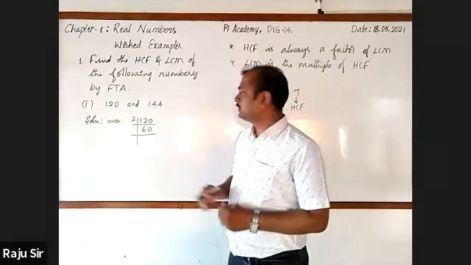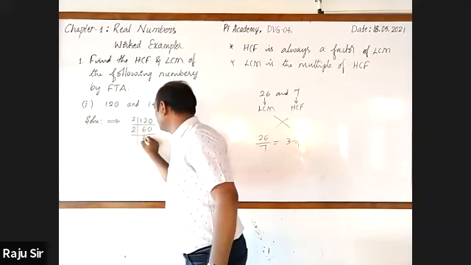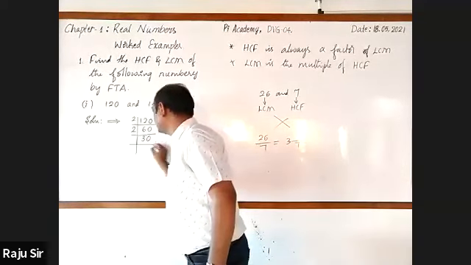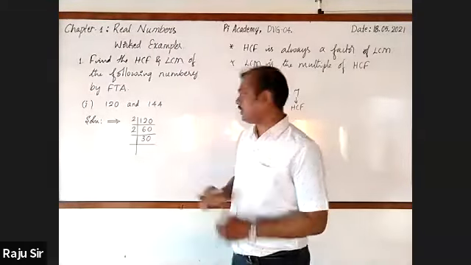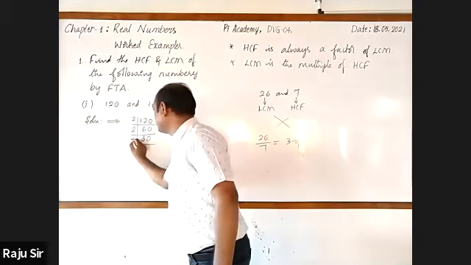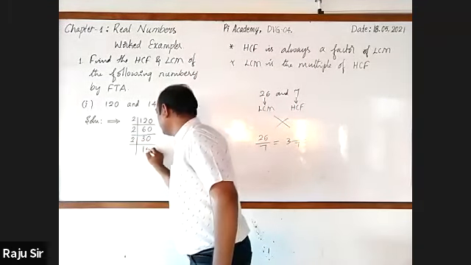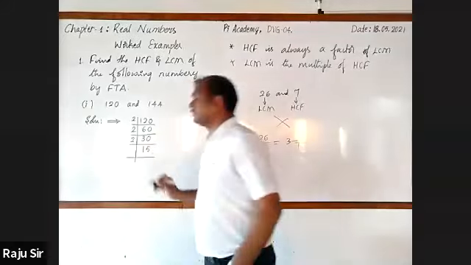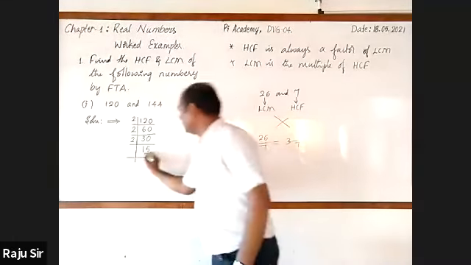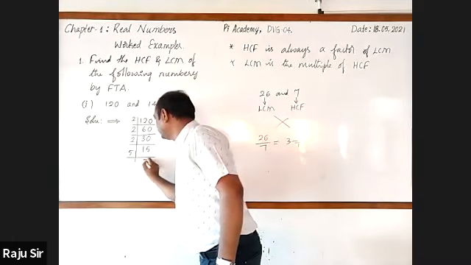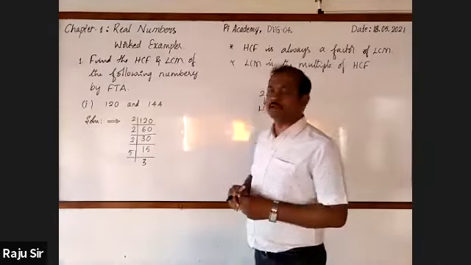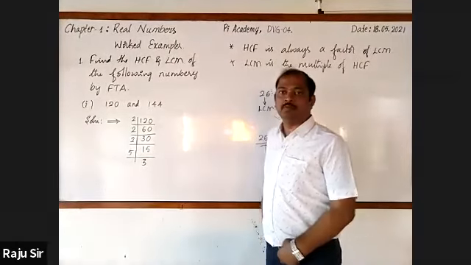Next, write with me. 2 3s are 6, 0. That is 30. Next, again it is divisible by 2. 2 1s are 2, 5 2s are 10. Next, it is divisible by 5. 5 3s are 15, 3 5s. Don't continue up to 1.